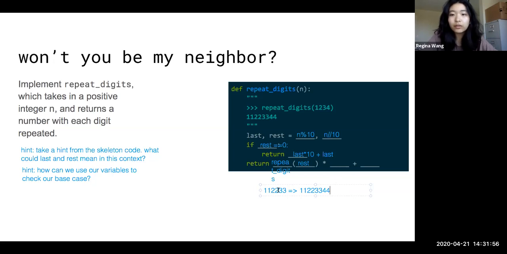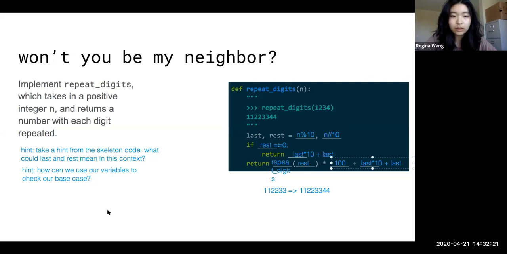To shift the number over by 2, we multiply it by 100. And the thing we add at the end is just our last digit twice, the same quantity as our first return statement: last times 10 plus last.